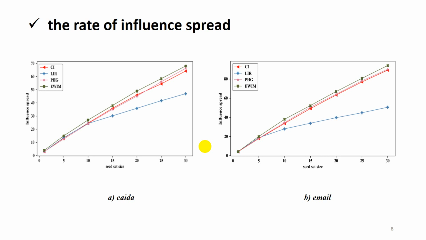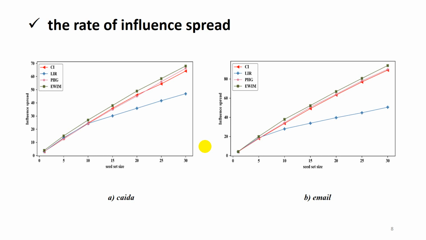Figure A indicates the implementation of the CI, LIR, PHG, and EWIM algorithms on the QAIDA network. The EWIM algorithm has the best propagation among the CI, LIR, and PHG algorithms. The PHG algorithm is close to the proposed algorithm, but other algorithms are far away from it.